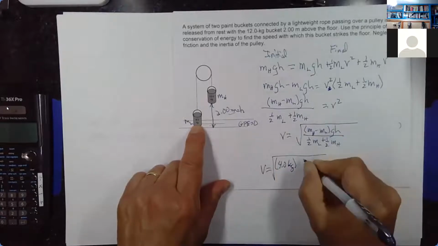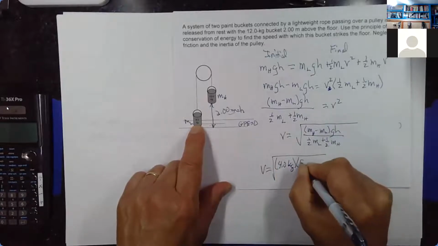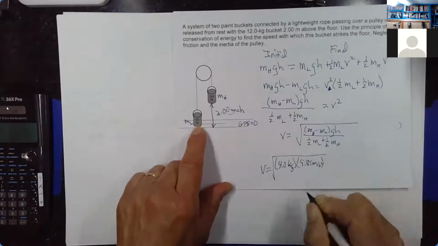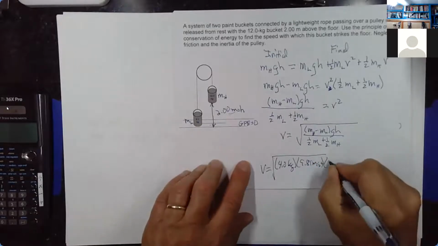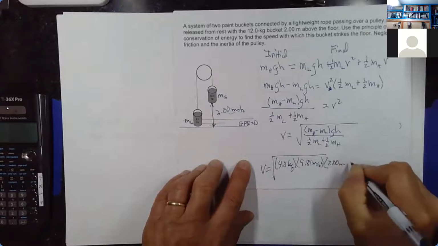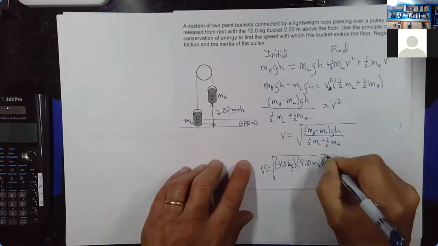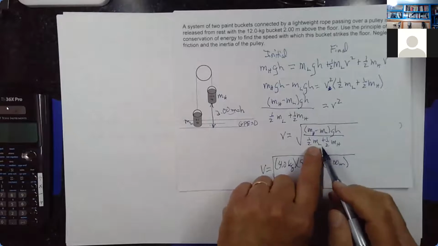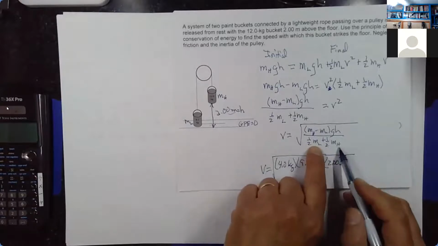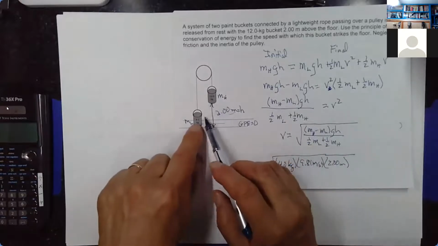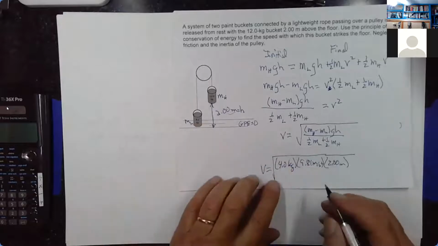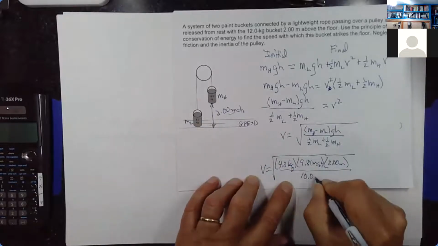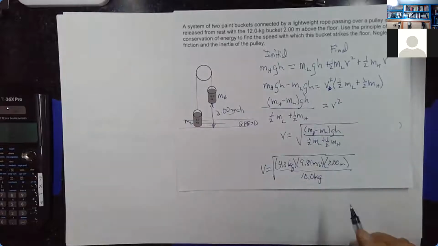I just did the subtraction in my head, times 9.81 meters per second squared, times h, which is 2.00 meters. And on the bottom, I think I can do that one in my head. It's actually 1/2 the sum of M sub L and M sub H. So 8 and 12 is 20. 1/2 of that is 10.0 kilograms. And so I would get that.